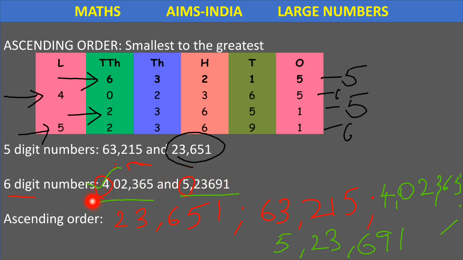Coming to the 6-digit numbers, we compared both. 4,02,365 is the smaller among these two, so we wrote that, and then we wrote the last remaining number, which is 5,23,691. This is our ascending order. How did we write the ascending order? From the smallest to the greatest.